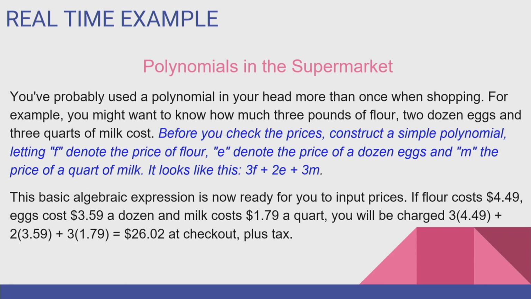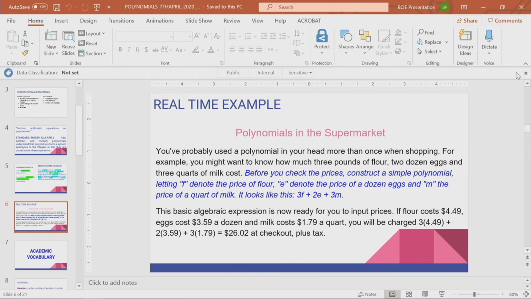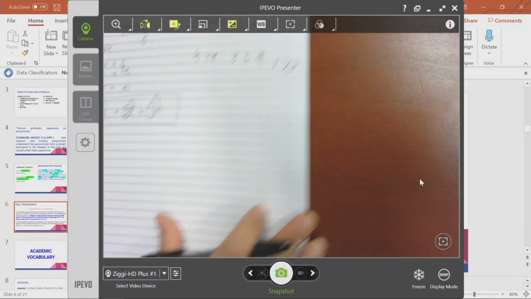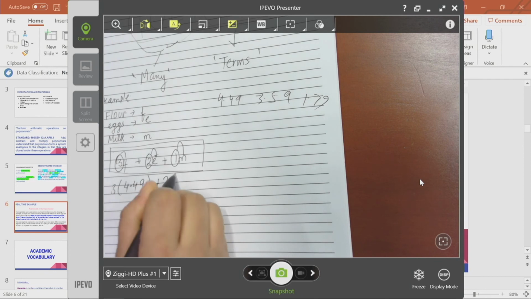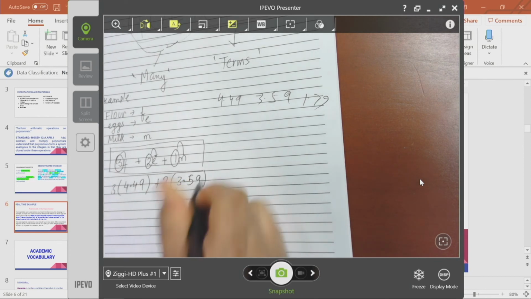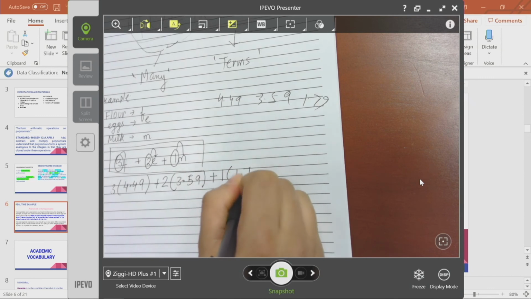For example, flour costs $4.49 each, eggs cost $3.59 a dozen, and milk costs $1.79 a quart. You substitute that into the equation, and your equation will look like 3 times 4.49 plus 2 times 3.59 plus 1 times 1.79.